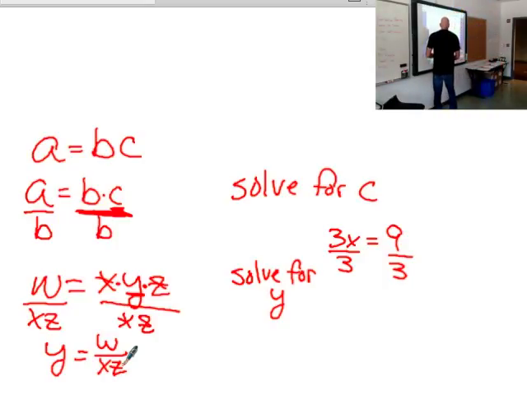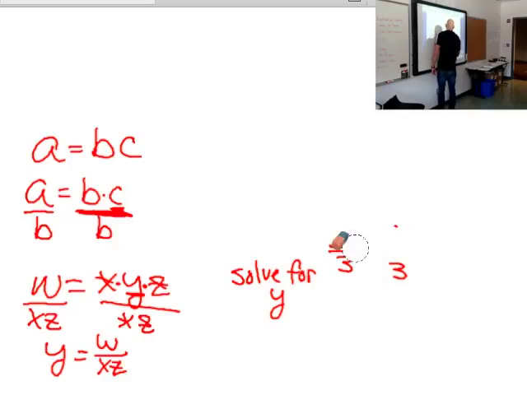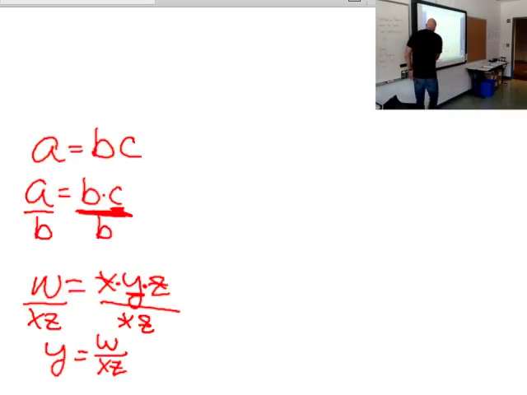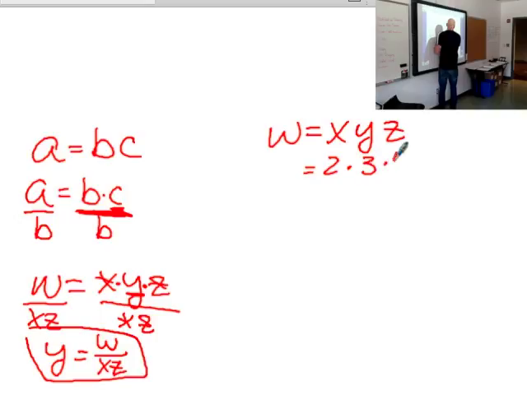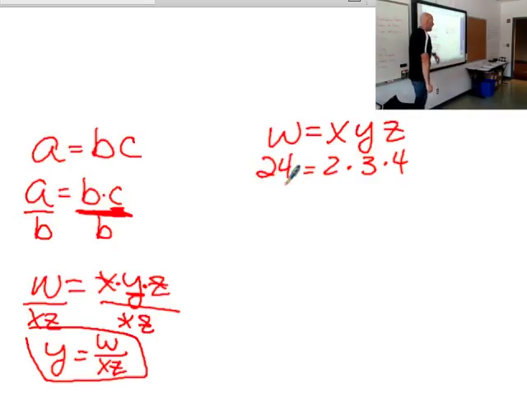Okay, let me give you an example. We'll use very basic numbers, and I'll show you that this is true. So we had originally W equals x times y times z. So let's say, what is 2 times 3 times 4? 24, right? Now, by using the numbers, I'm going to prove that this is true. 2 times 3 times 4 equals 24.